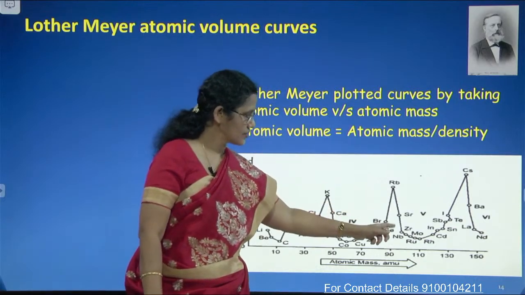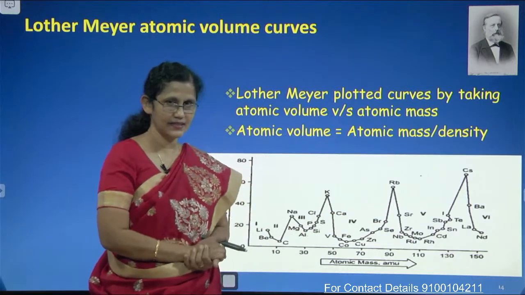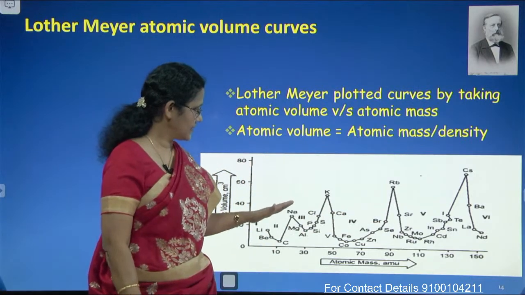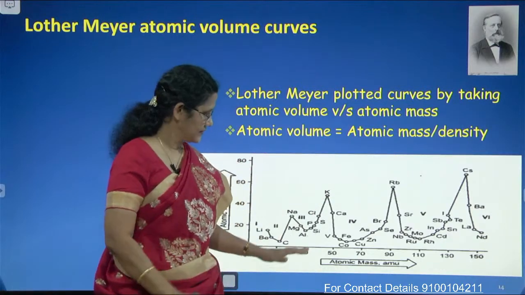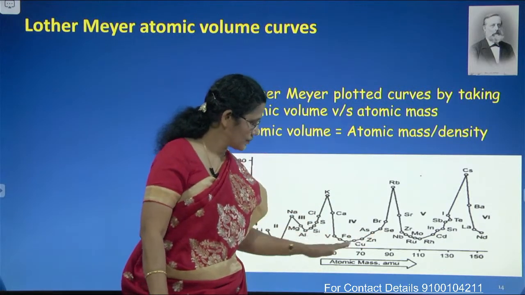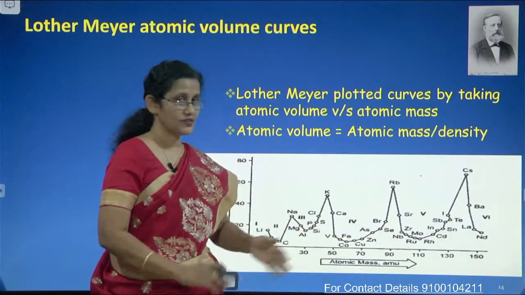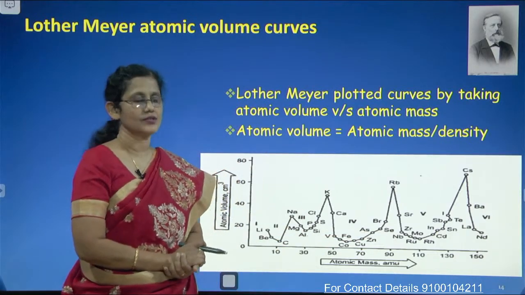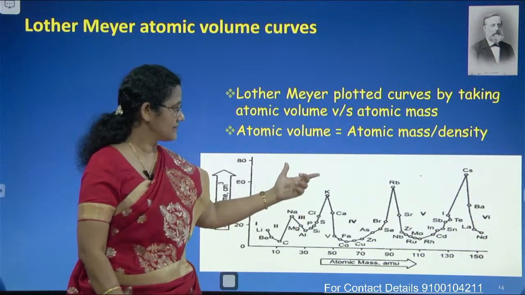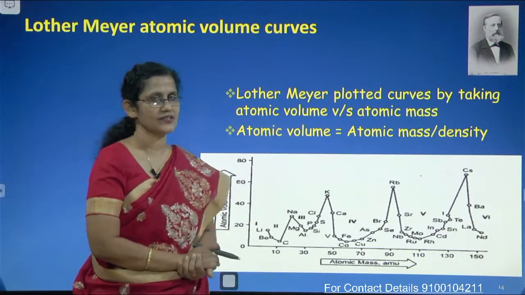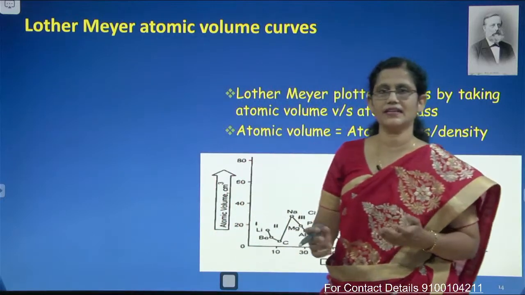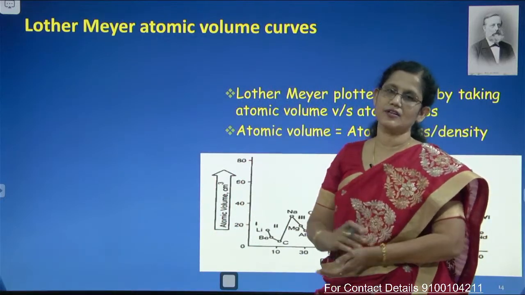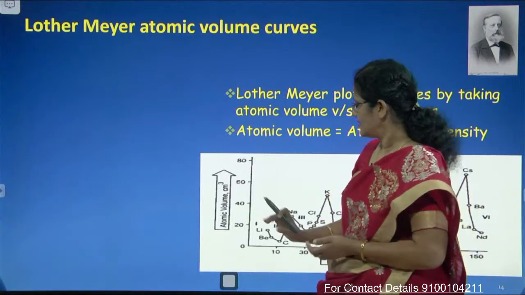Descending portions are occupied by alkaline earth metals. The peaks are occupied by alkali metals. The troughs are occupied by transition metals. So, at different places, different types of metals are found, and maybe for exam purposes we require to know which metals occupy which position.